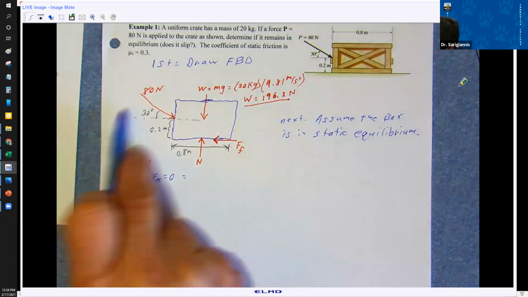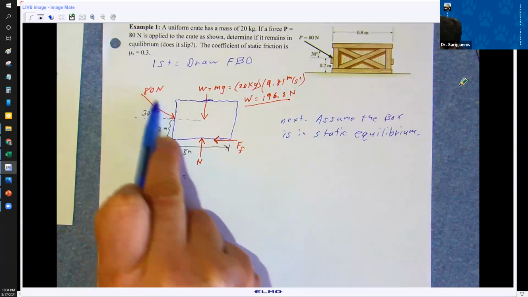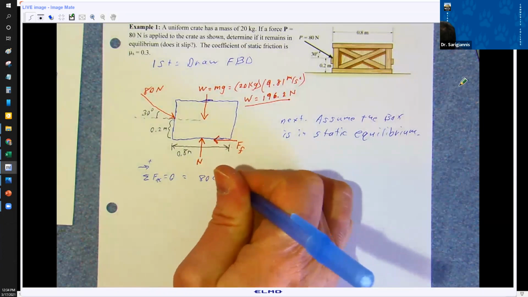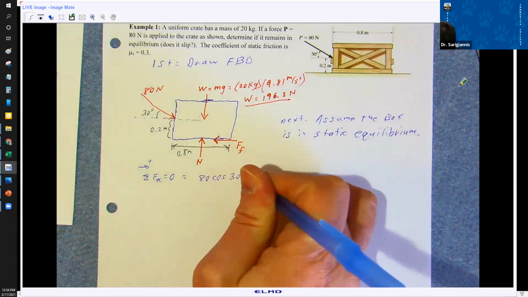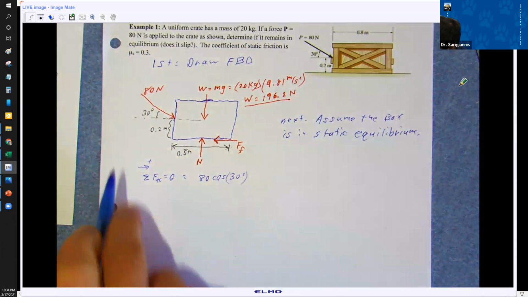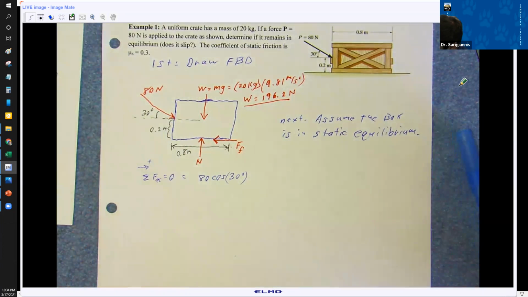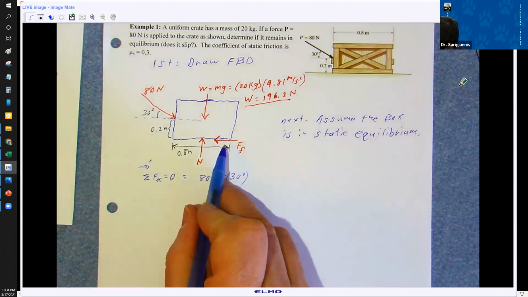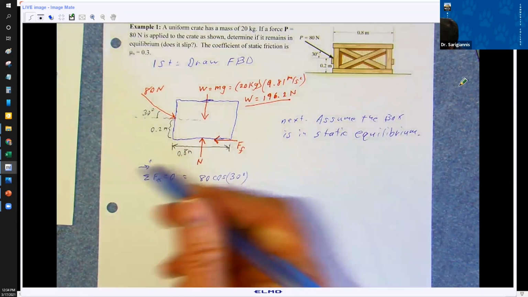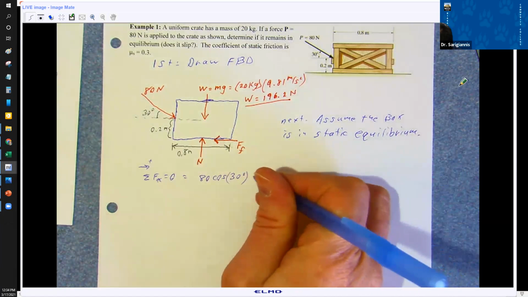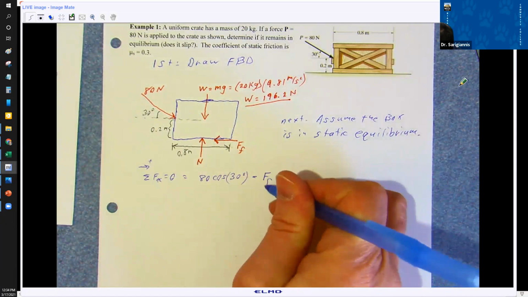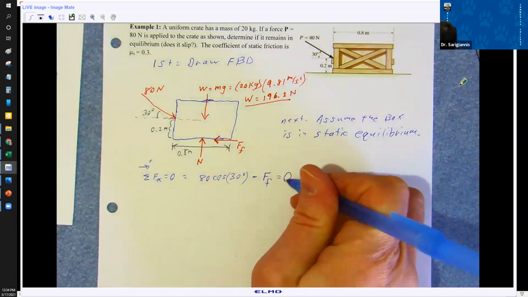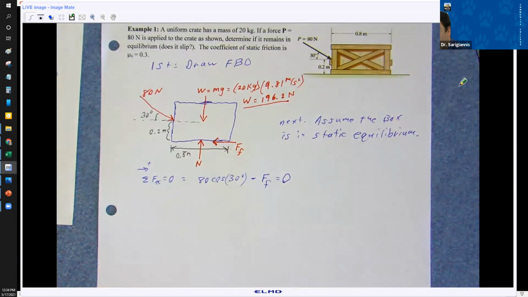I've got the x component of 80 newtons. So I've got 80 cosine 30, right? That's the x component there. And force of friction is directed backwards, to the left. So that's a negative. And that's it. It's the only two x components of forces we have.